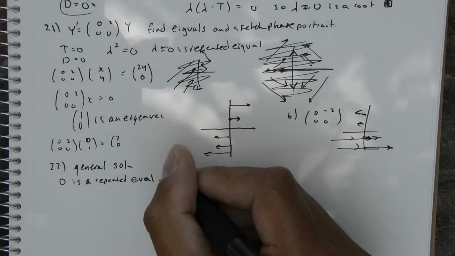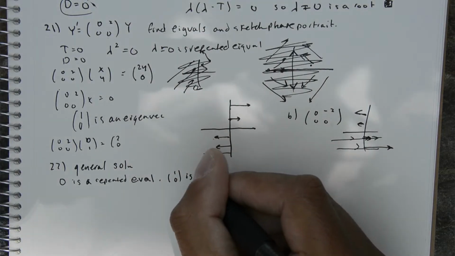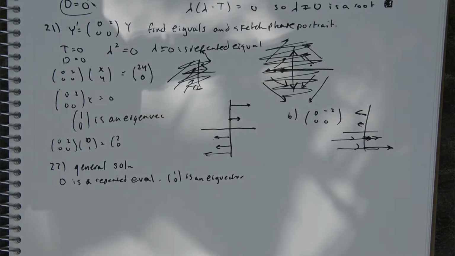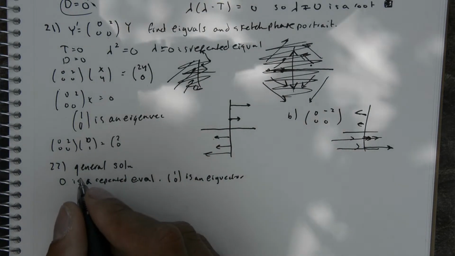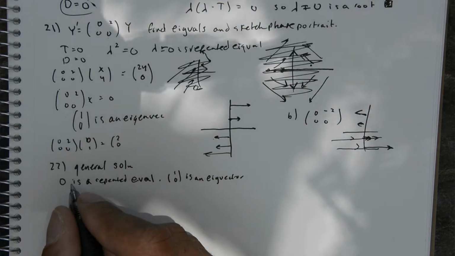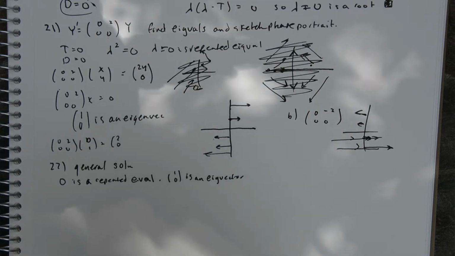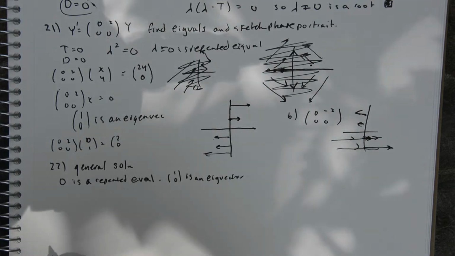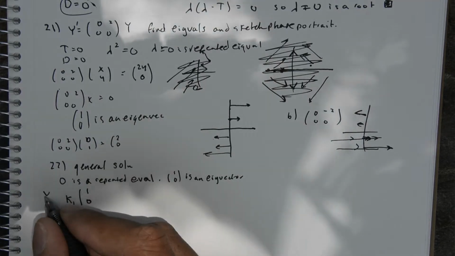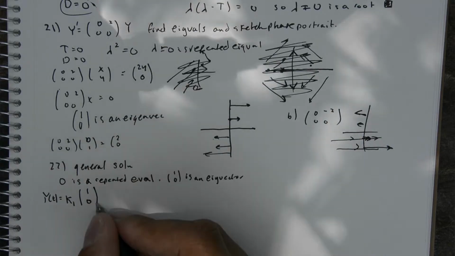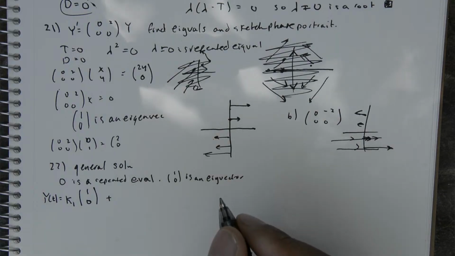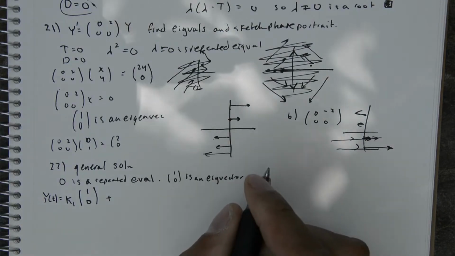We also found that 1, 0 is an eigenvector. Ooh, this is really good. All right, one sec.